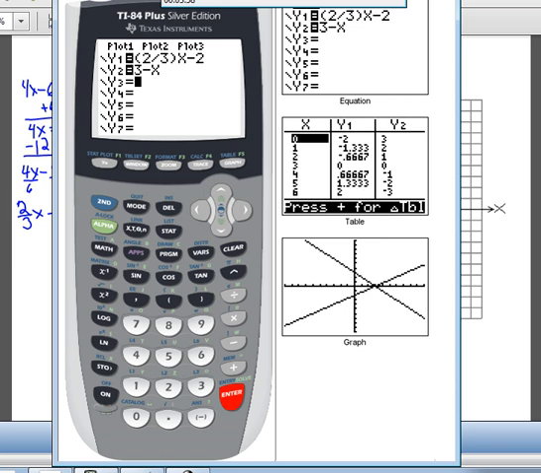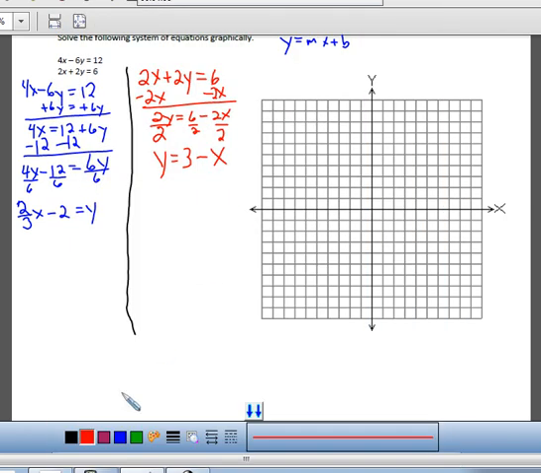So, to make this work, I need to write down my two tables, my x and y values. For the first equation, I'm just going to use some values. I'll use the whole number values. So I've got -3, -4, 0, -2, 3, 0, and 6, 2.